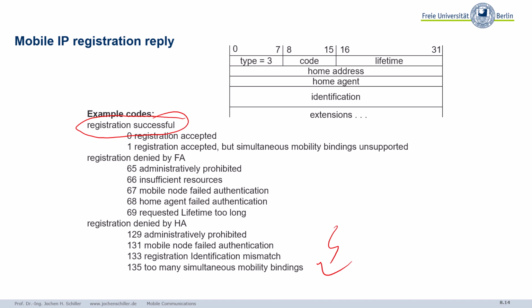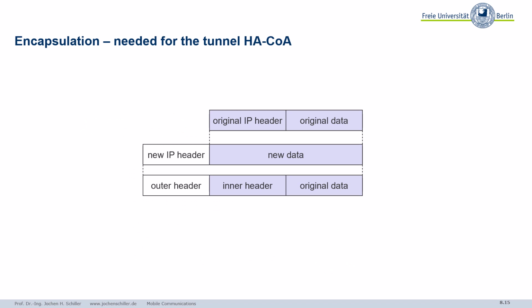So you're in a foreign network, you register your mobile node. The home agent now knows the care-of address, either co-located or at the foreign agent, and can now set up the tunnel. How is this done? Well, it's not complicated. That's always the same in the internet.